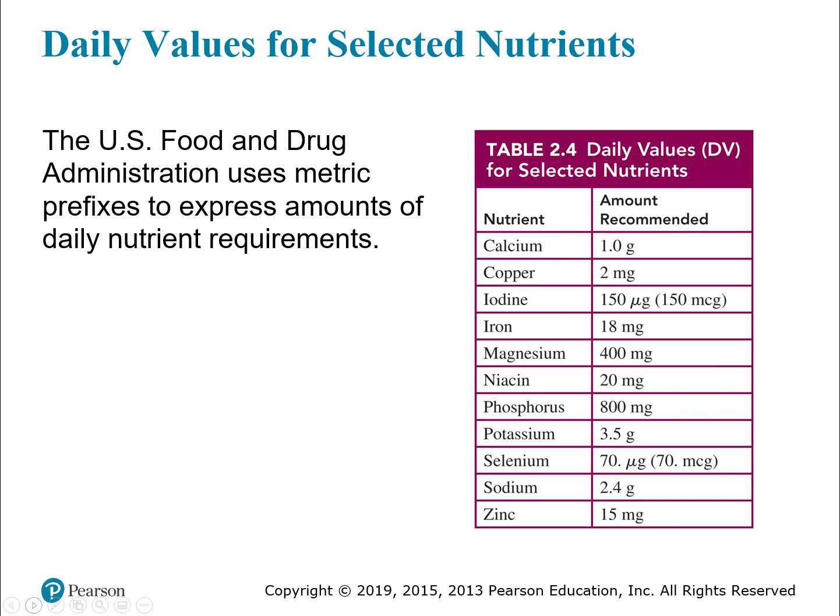One place that you're going to see these different units, milligrams, grams, micrograms, is if you take a daily vitamin. You're going to see all these different nutrients, and then it's going to tell you the amounts that are in the vitamin. You're going to see grams, milligrams, micrograms, all these different measurements.